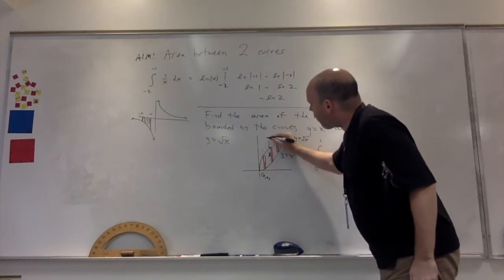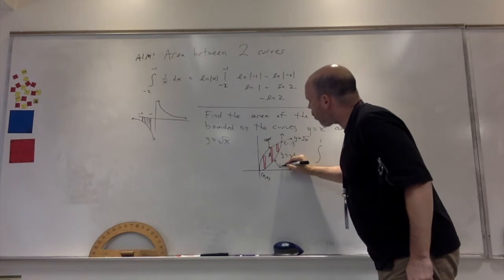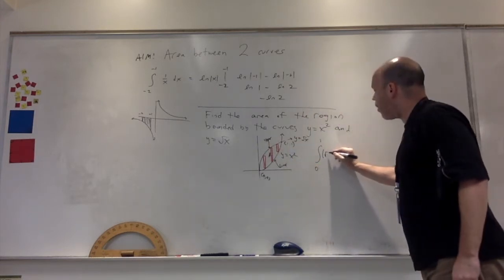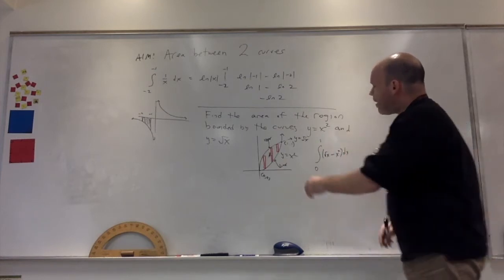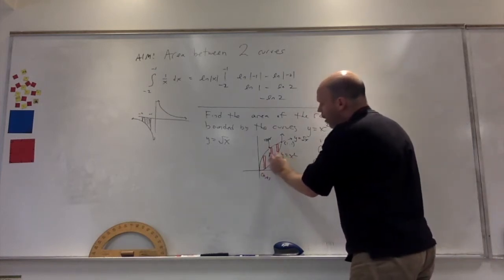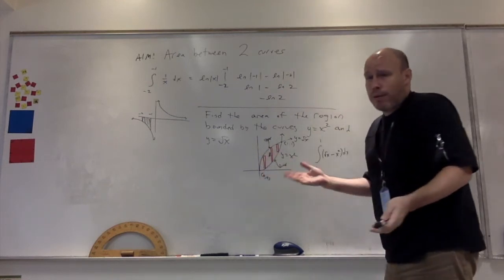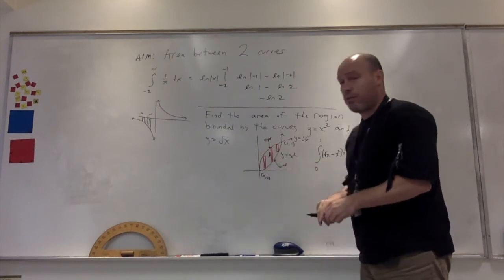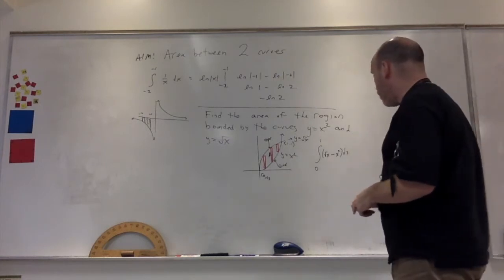This is my upper curve, and this is my lower curve. And so it's radical x minus x squared. Every single place here in the region, upper minus lower gives me my rectangles. Once again, I want to find the sum of the infinity of these rectangles. Always think about the rectangles.